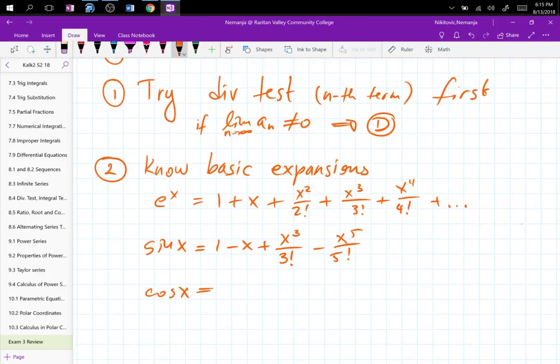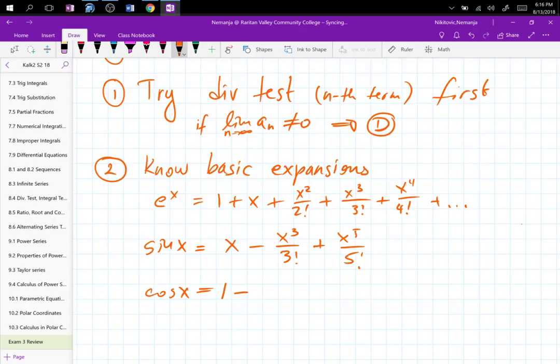Sine is x minus x cubed over 3 factorial plus x to the 5 over 5 factorial.